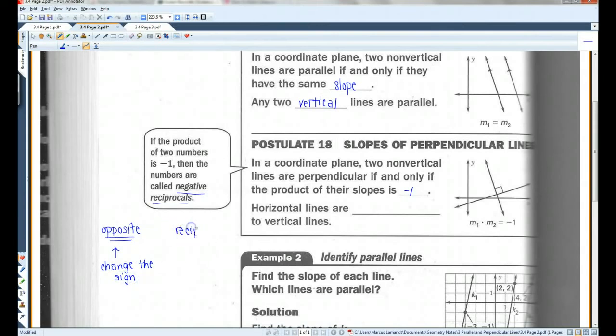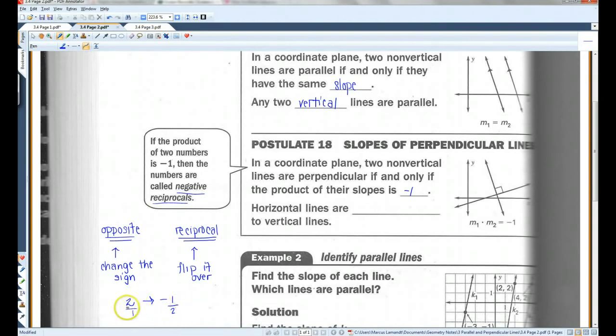Reciprocal means that you flip it over. So for example, if you have a slope of, say, 2, the opposite reciprocal would be -1 over 2. You change the sign and you flip it upside down. Okay? These would be opposite reciprocals of each other.